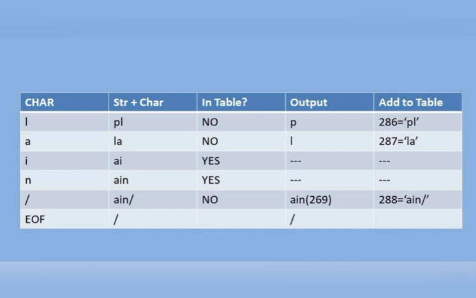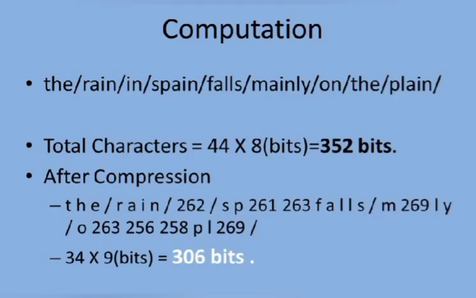I hope you're going to try this yourself. After doing so, you will do this computation yourself and you have to count the total number of characters in the input along with the slash, everything.